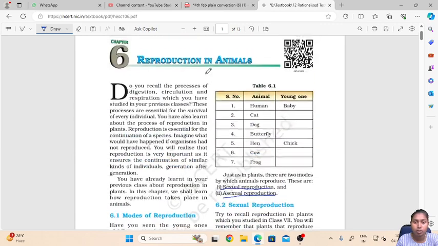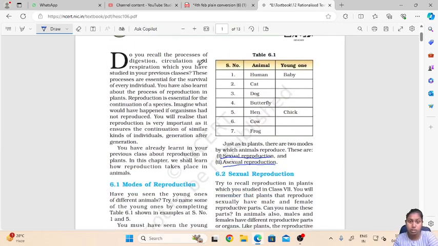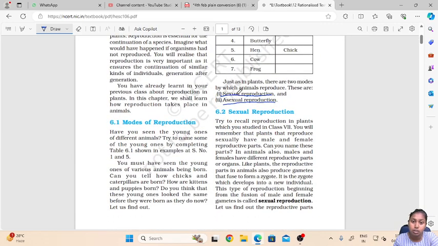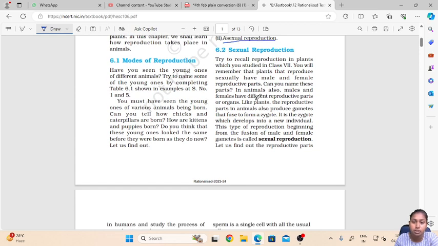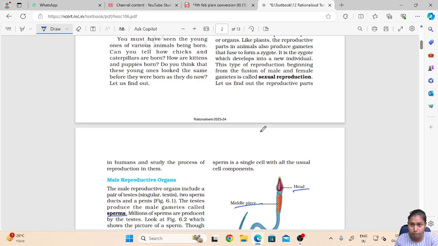In today's class, we have seen the modes of reproduction in animals, sexual and asexual reproduction. We started with sexual reproduction. What is sexual reproduction? It's a type of reproduction beginning from the fusion of female and male gametes and development of zygote.